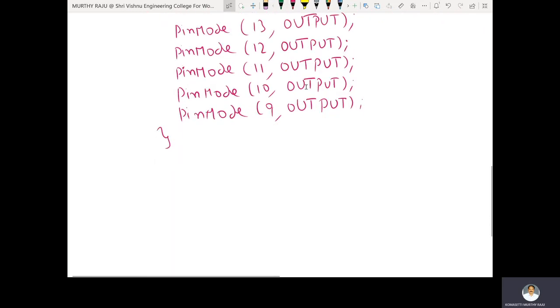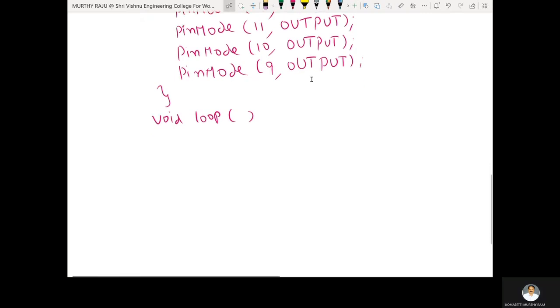Next step is execution block. Perform the actions. While loop. Here curly bracket is open. Some double slashes: the compiler ignores statements after 2 slashes.